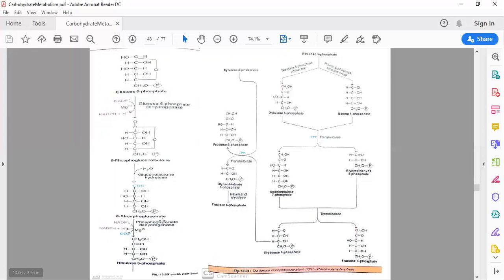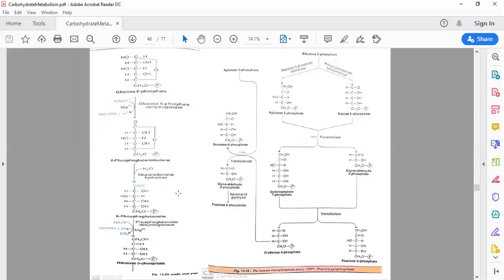So you can see here it is producing 6 phosphogluconate. You can see the C double bond O bond being broken over here, and the carboxylate group is free and it forms 6 phosphogluconate.